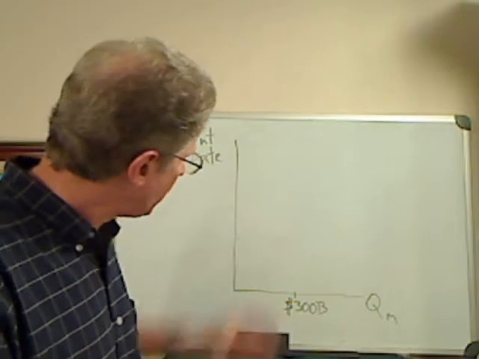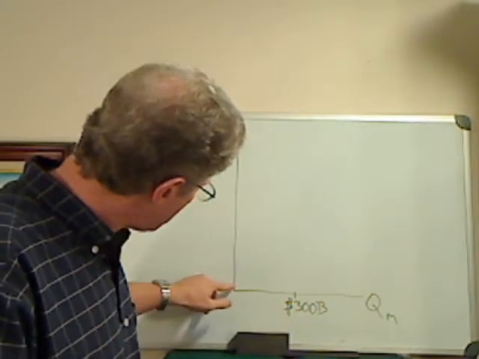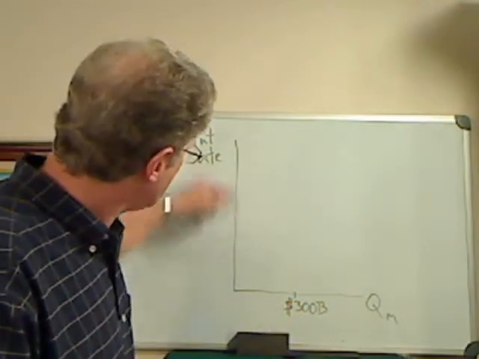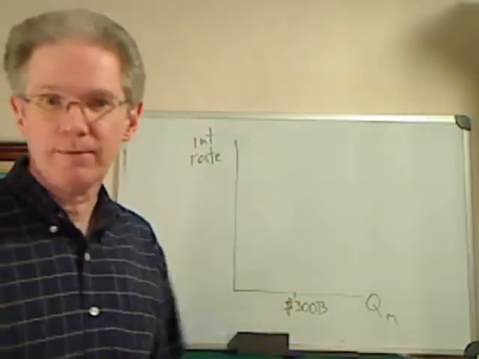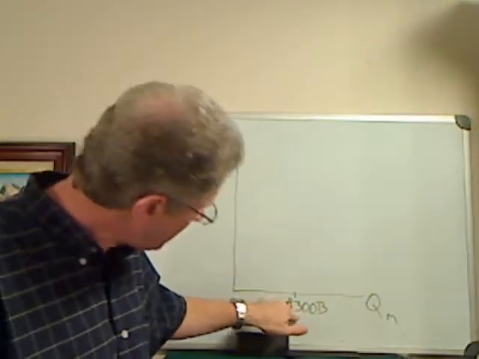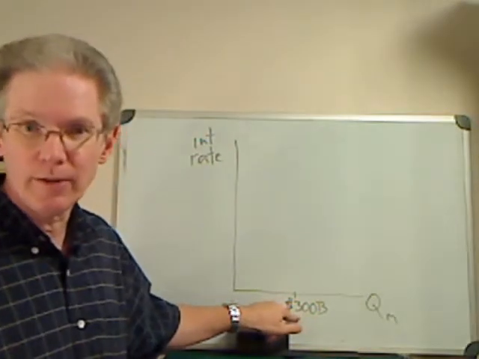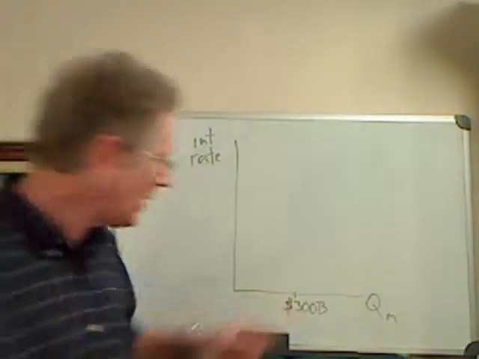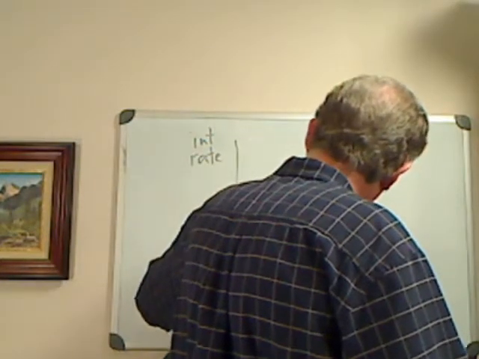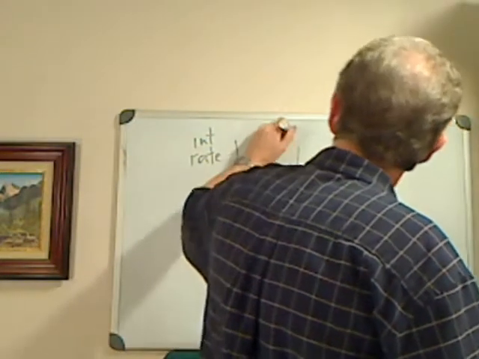Well, if our assumption here is correct, then if the interest rate is 0.5%, the money supply will be $300 billion. If it's 10%, if it's 20%, it doesn't matter what the interest rate is if the Fed has decided they're going to keep the money supply at $300 billion. If that's what they have decided, then the money supply curve will simply be an upward sloping curve.